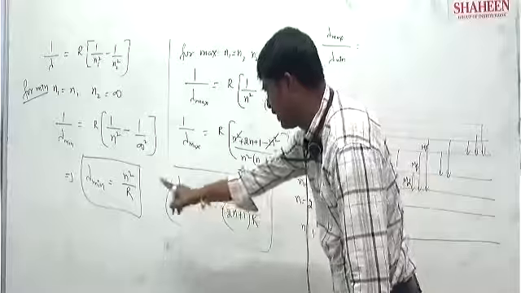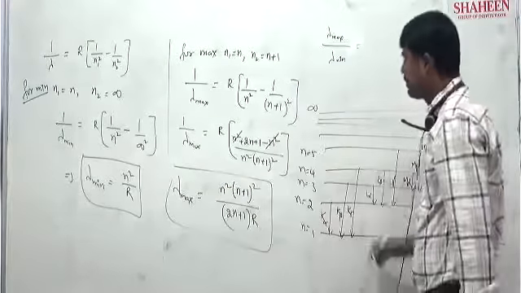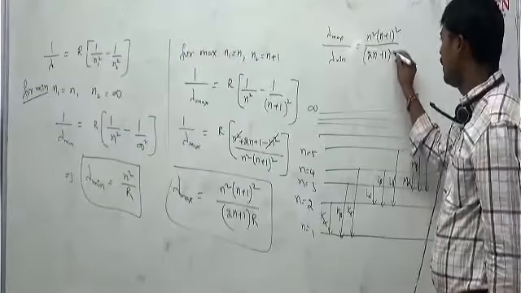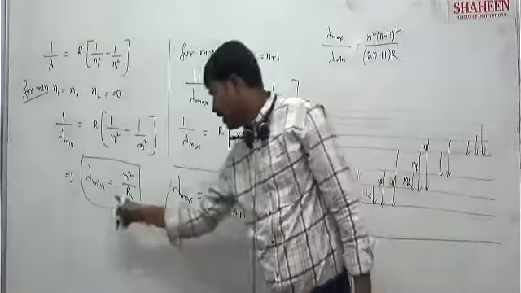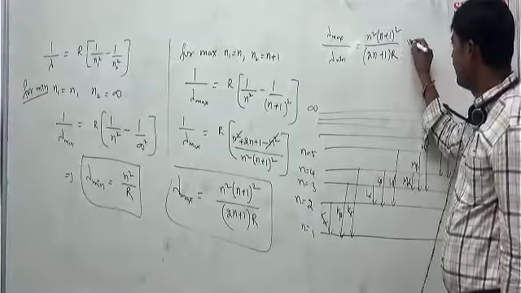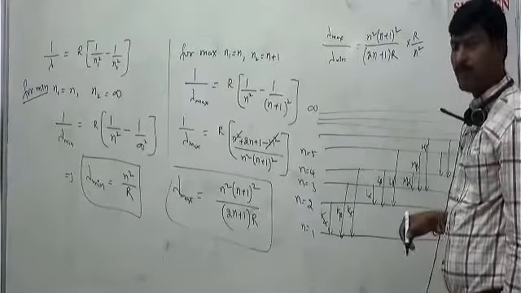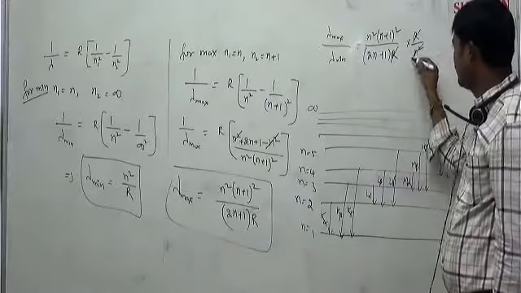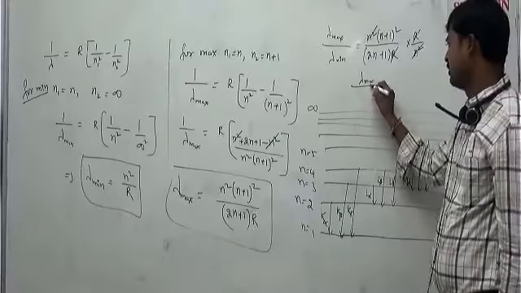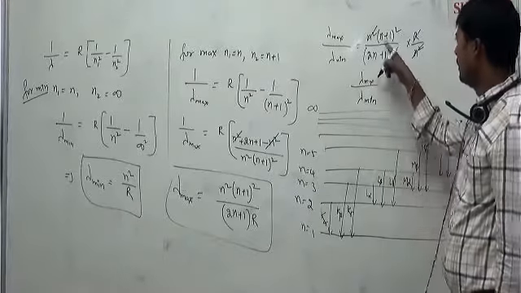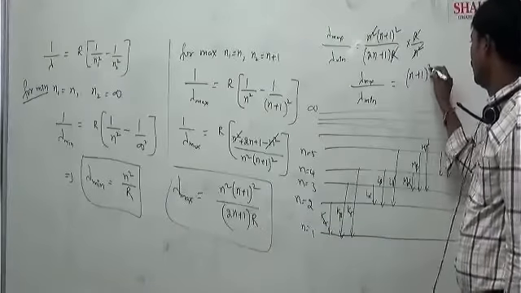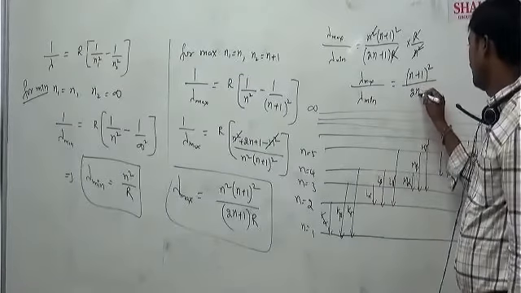But generally I am doing lambda max by lambda min. So lambda maximum is n square into n plus 1 whole square by 2n plus 1 into R, divided by lambda minimum, that is n square by R. R cancels out, n square cancels out. Finally, n plus 1 whole square is left, and 2n plus 1 is left in the denominator. So the ratio is n plus 1 whole square by 2n plus 1.